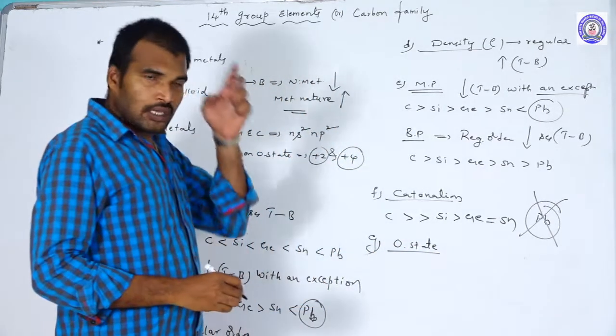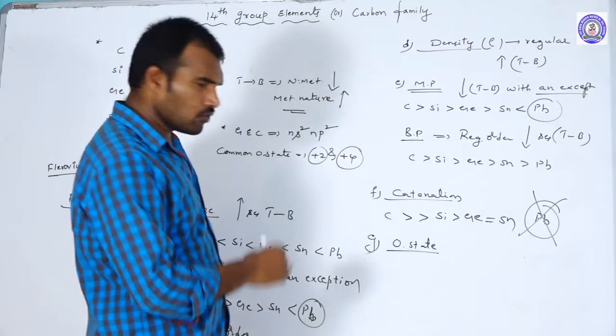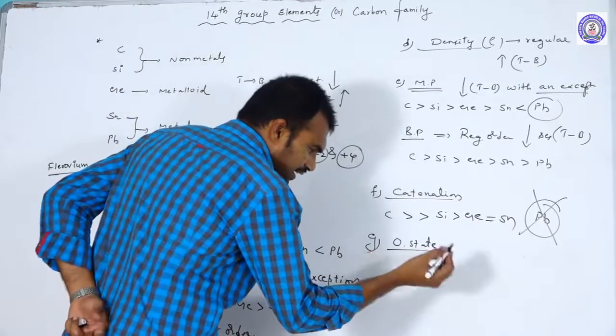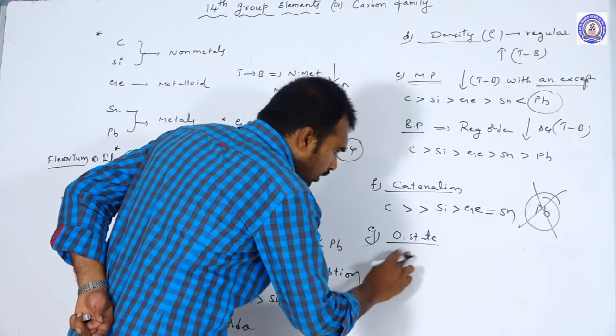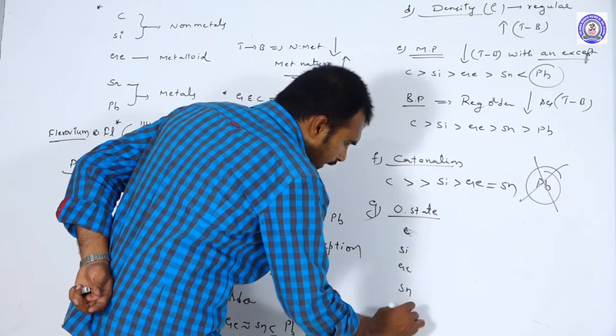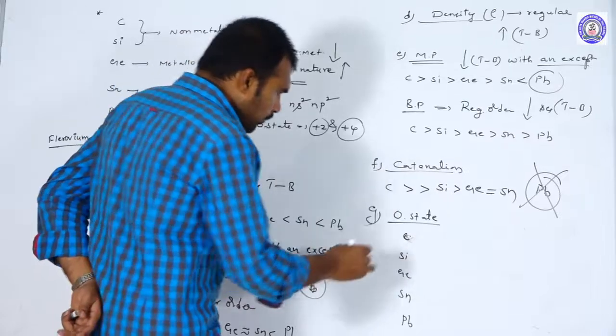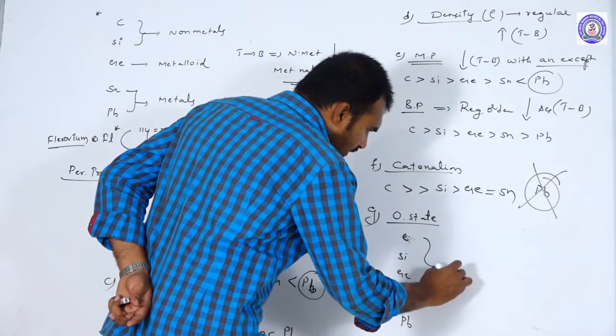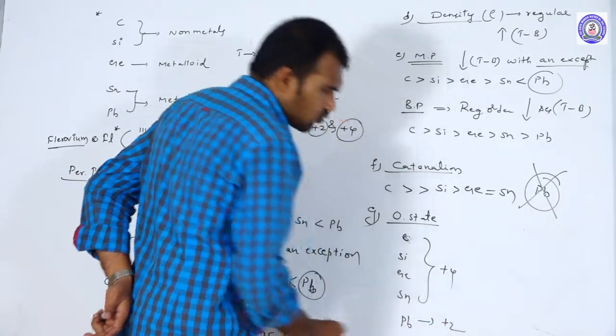Next, after catenation, let us move to the oxidation states. Carbon, silicon, germanium, tin, and lead all show the +4 oxidation state, and they also show the +2 oxidation state.